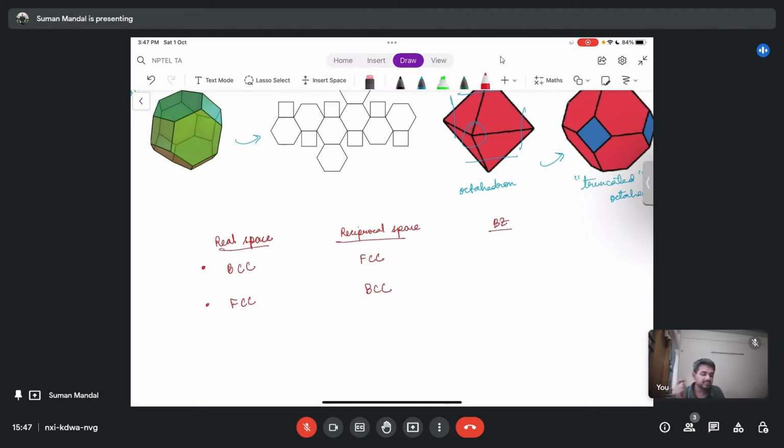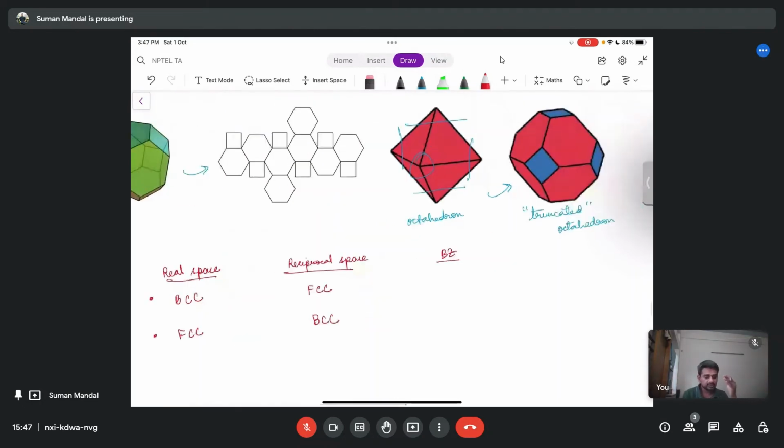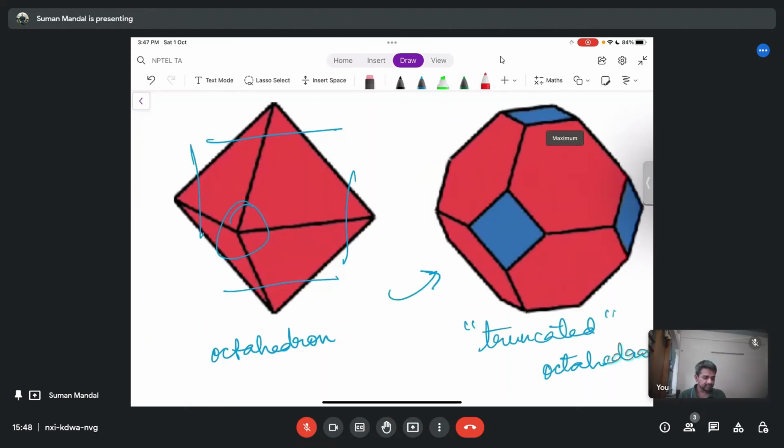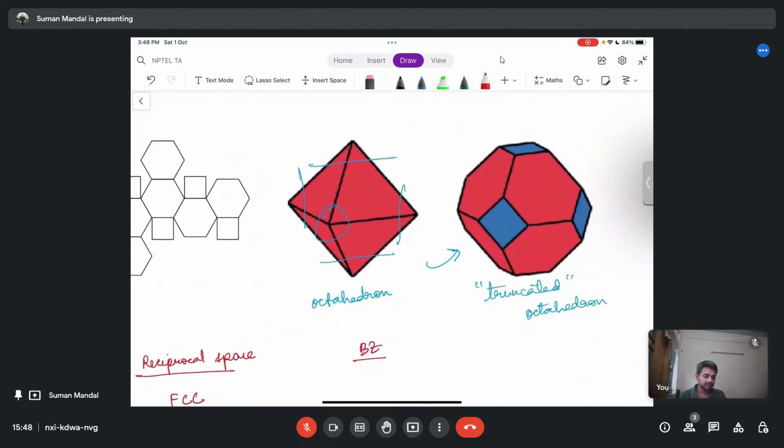In the case of BCC, we know that there is an atom in the center, and there are 8 atoms in the corners. So if you would have drawn it, it would have looked like an octahedron. But there are also atoms located on the neighboring unit cells, facing each of these faces. And when you draw the black plane there, you get these truncated structures.